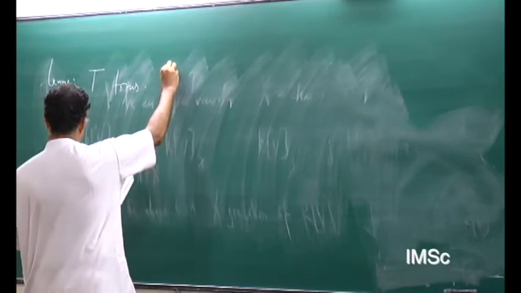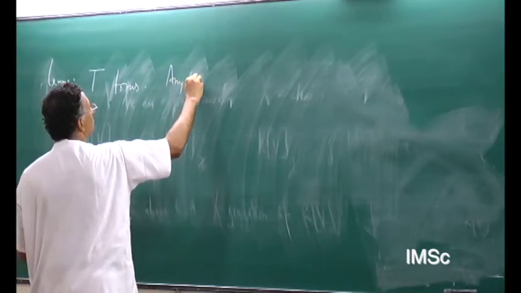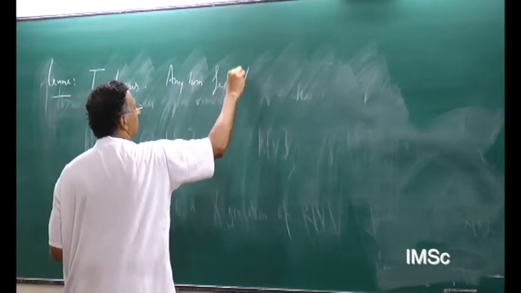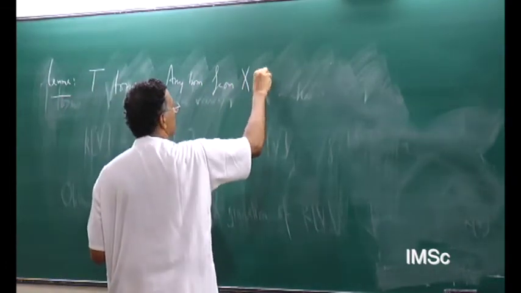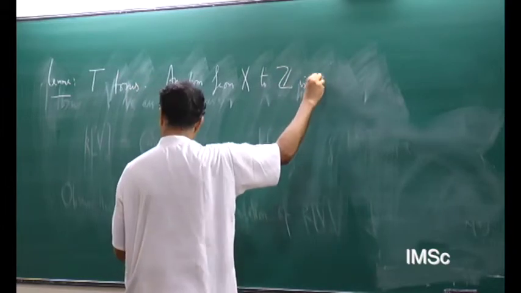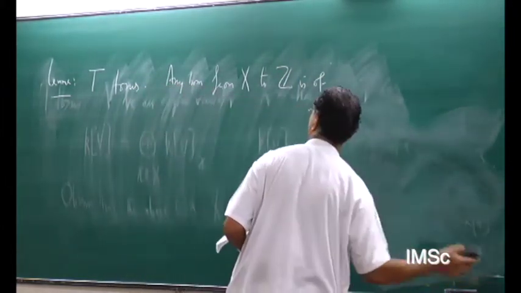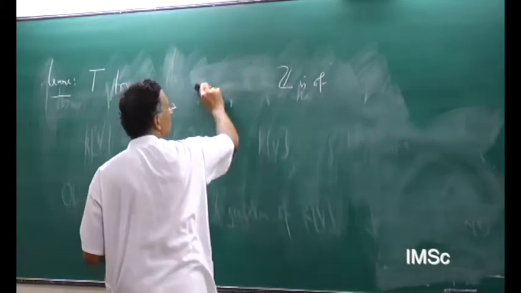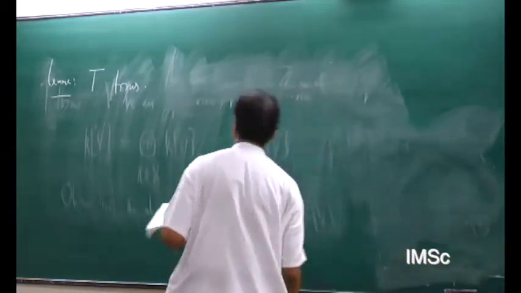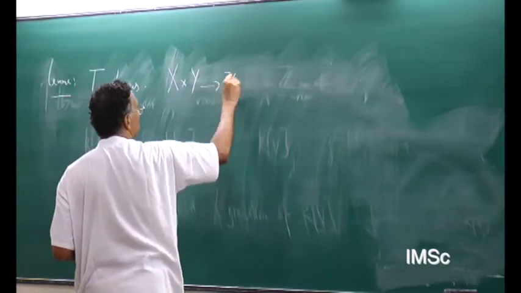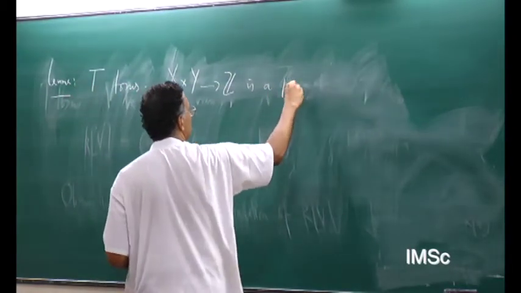Any homomorphism from X to Z is of the form... Okay, so with the above notation, X cross Y to Z is a perfect pair.